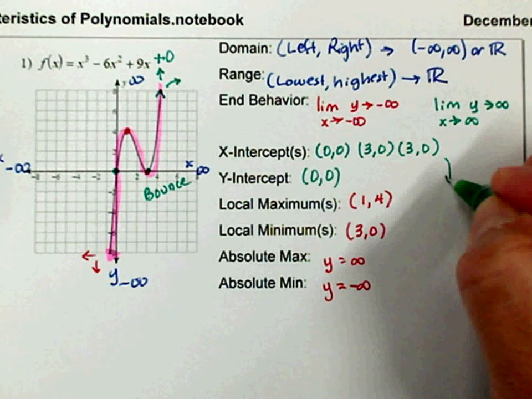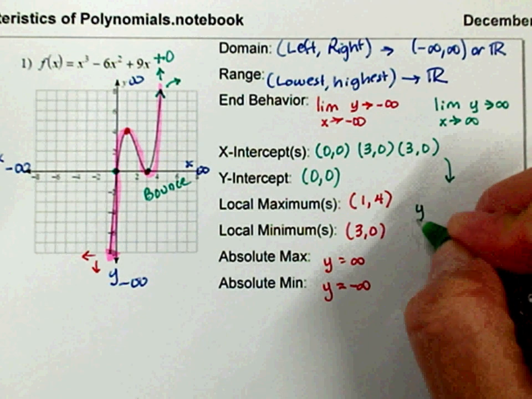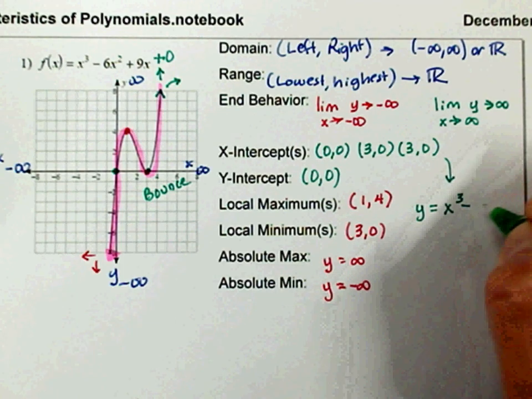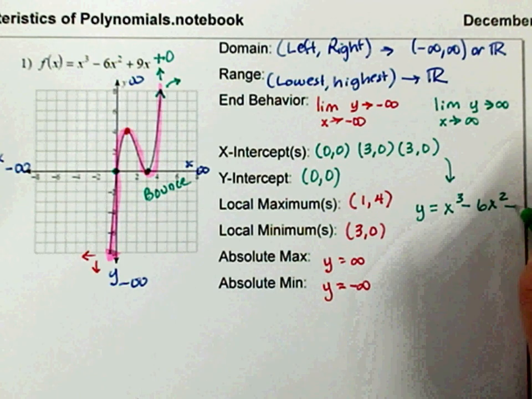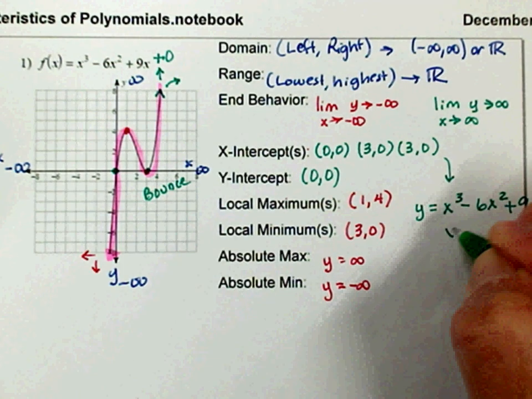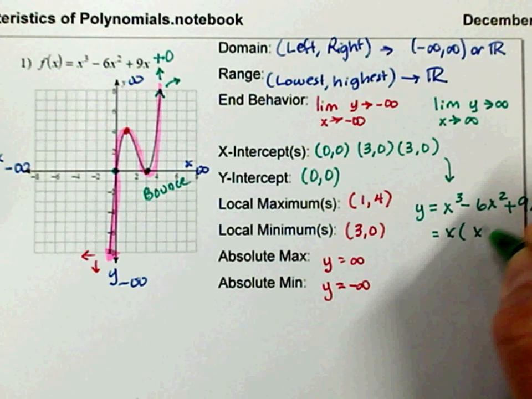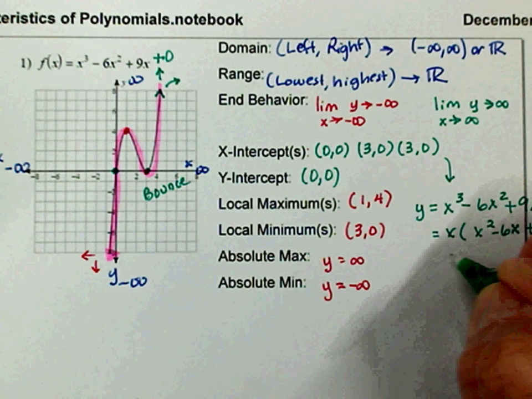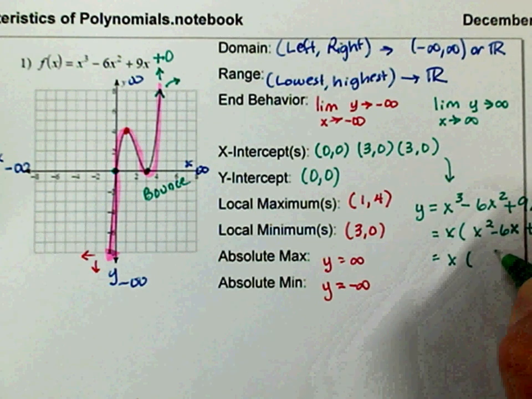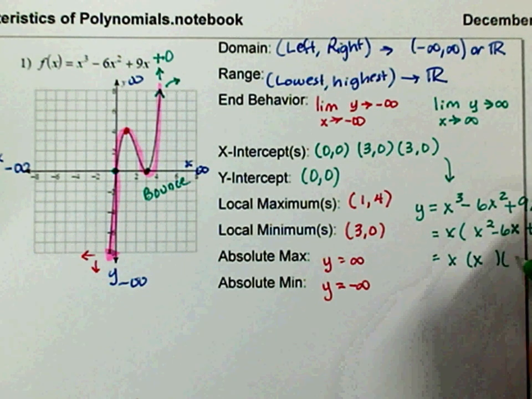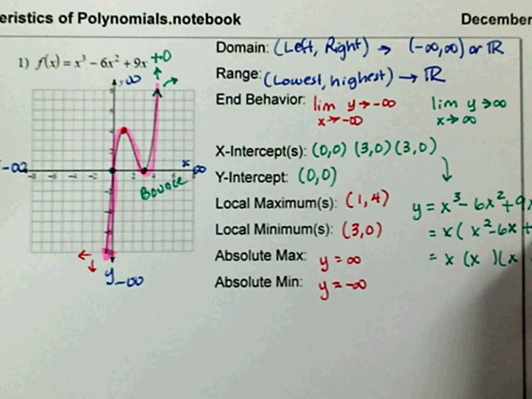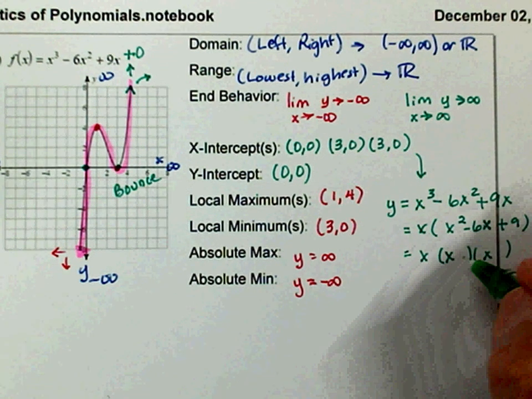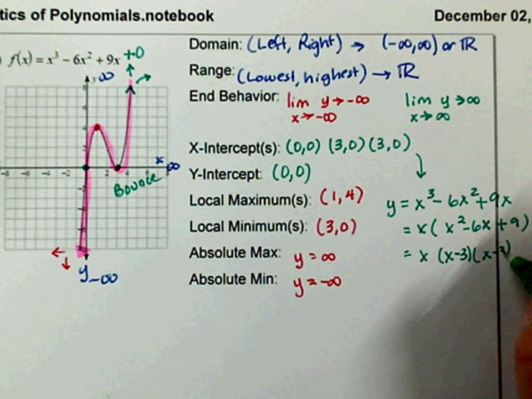Here we go. So y equals x cubed minus 6x squared plus 9x. Factor out your x, and so you have x times the quantity x squared minus 6x plus 9. Factor: x and x. 2 numbers that multiply to give you 9, and add to give you negative 6: negative 3, and negative 3.